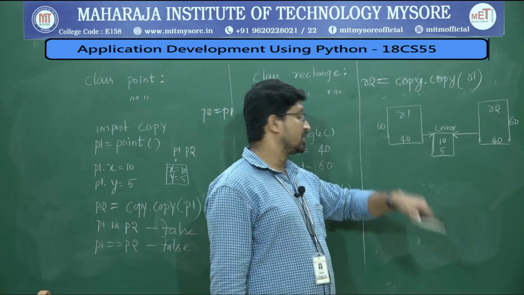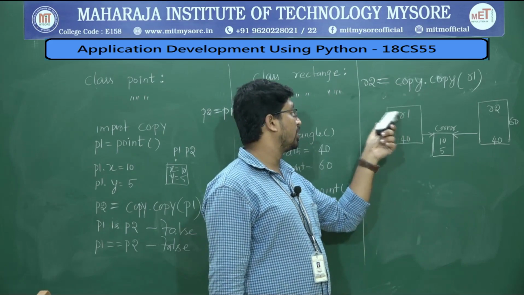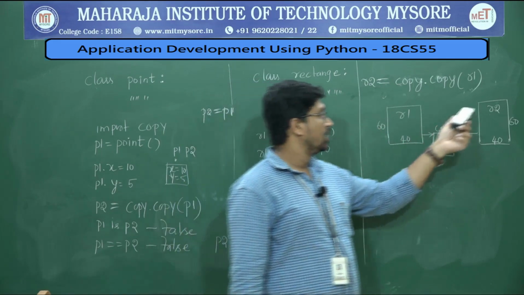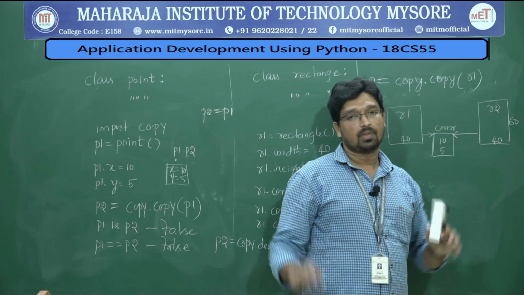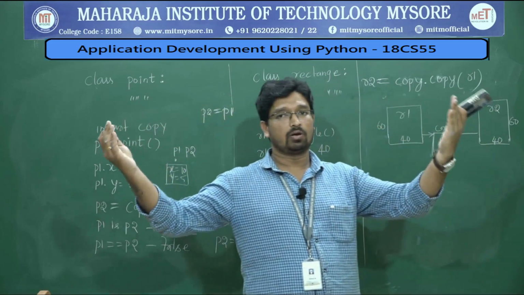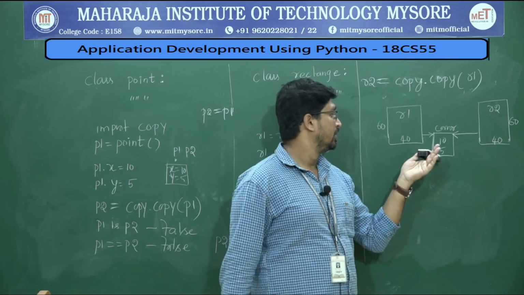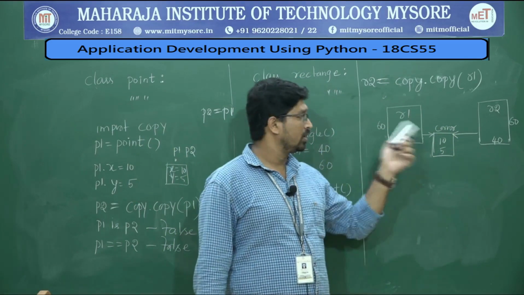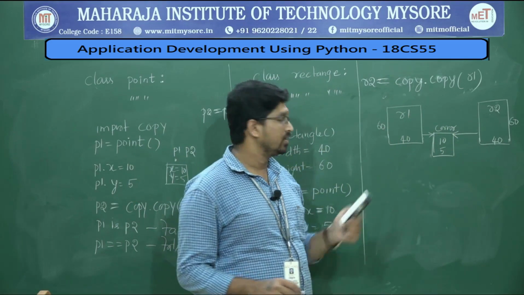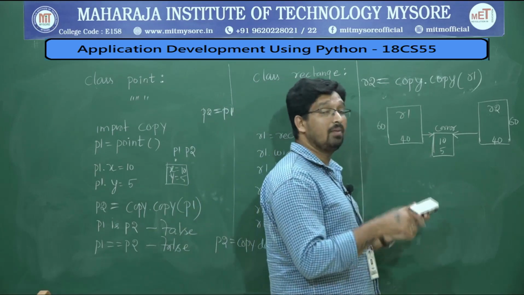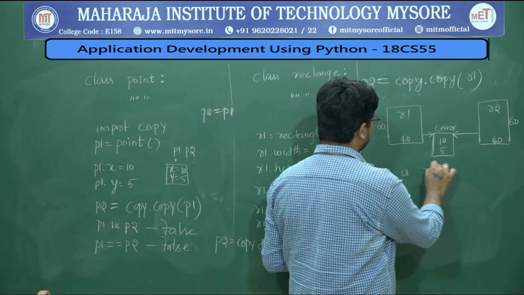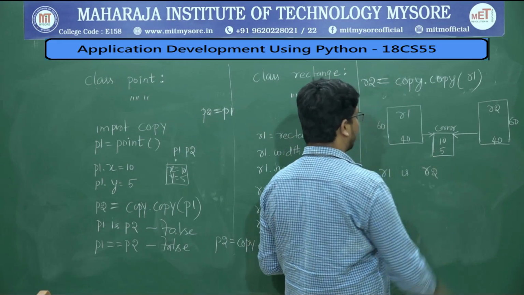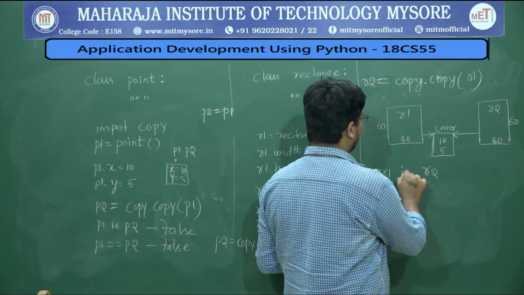R1 dot width and R1 dot height are at different locations than R2 dot width and R2 dot height. Width and height are different memory locations, but the corner is at the same location.